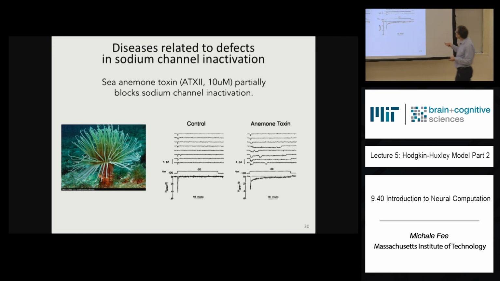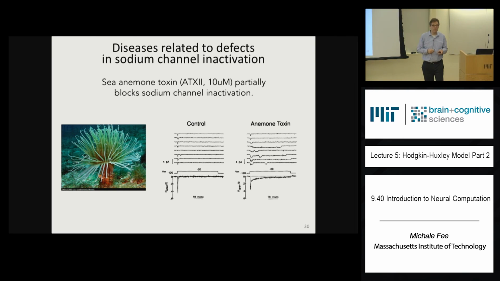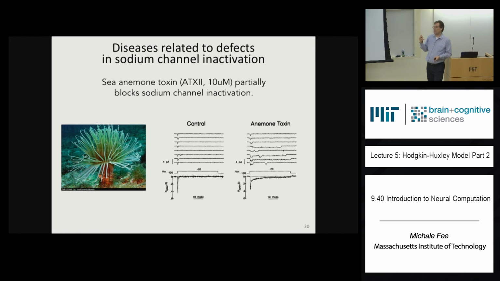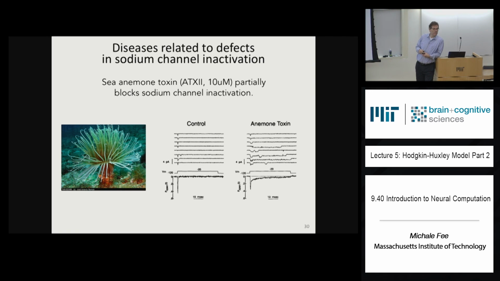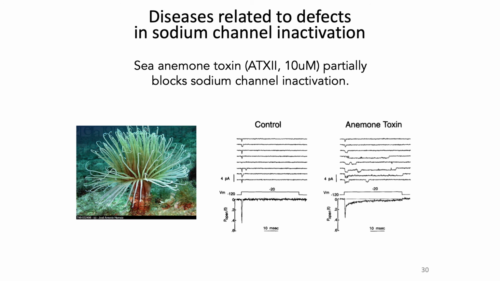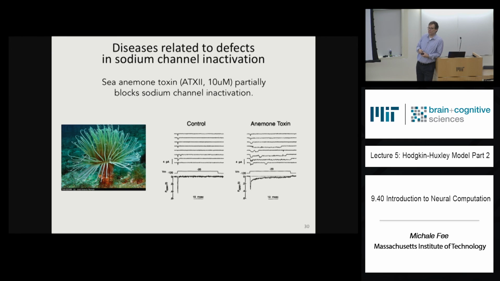And it turns out what that toxin does is it mimics the effect of this blockage of the inactivation of the sodium channel. So you can see that applying this toxin also produces these extended openings or failures to inactivate.